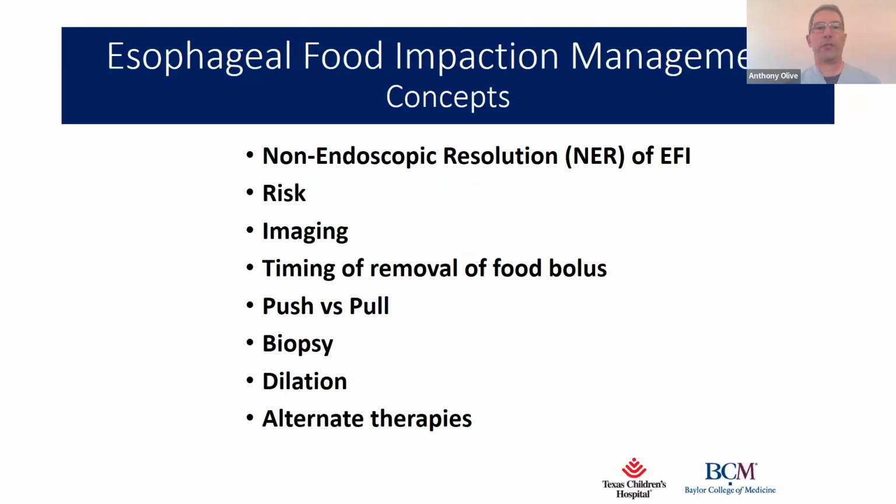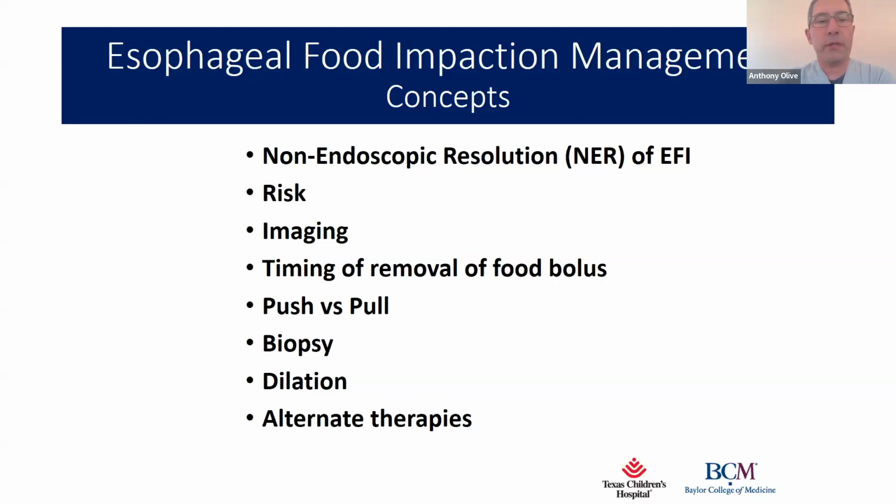So what do we do with those patients? How can we assess the risk of somebody having an esophageal food impaction? What's the role of imaging? And what's the timing? Is it important to address the impaction immediately?